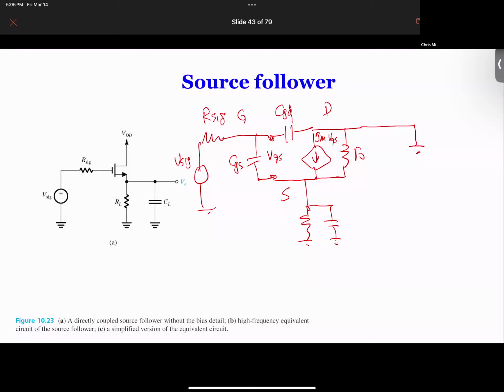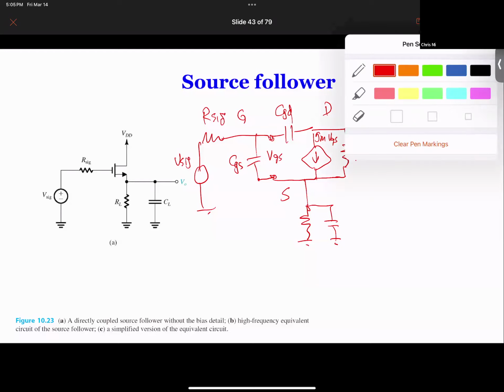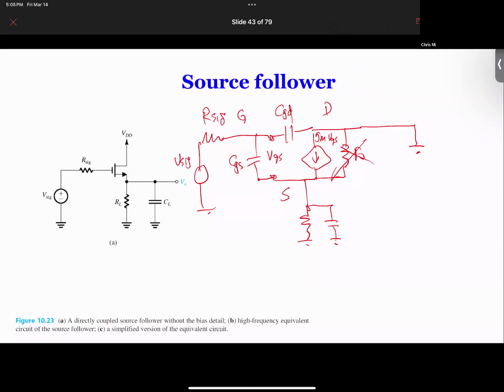If we move it, it doesn't change anything, basically, it's a ground. And once you move RO over here, you see what happens? The RO and RL are in parallel, so it becomes RL prime, right?